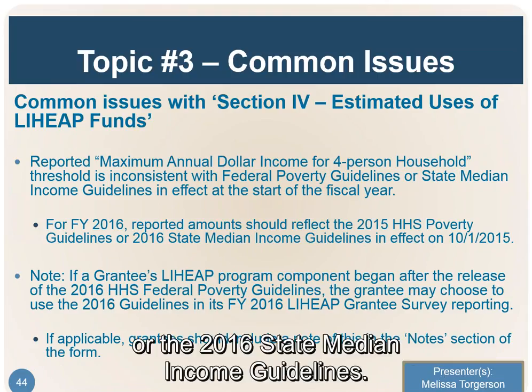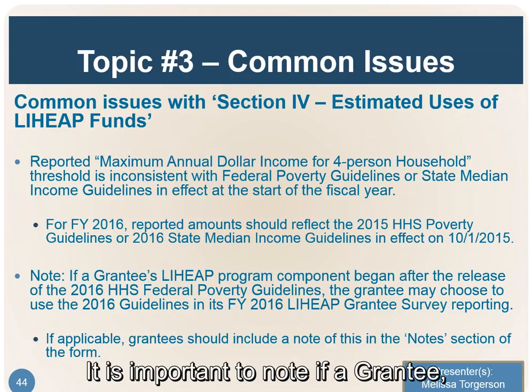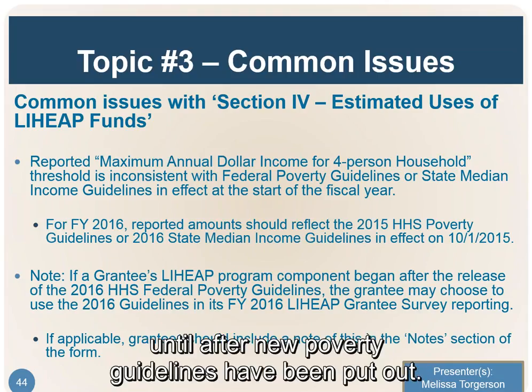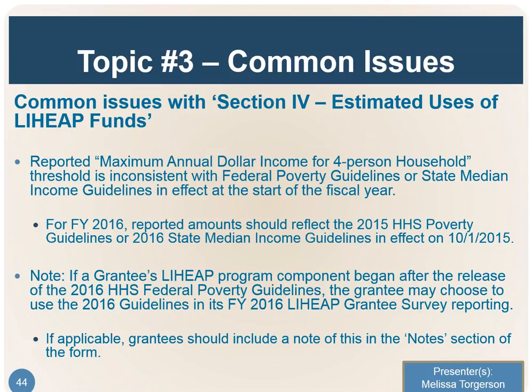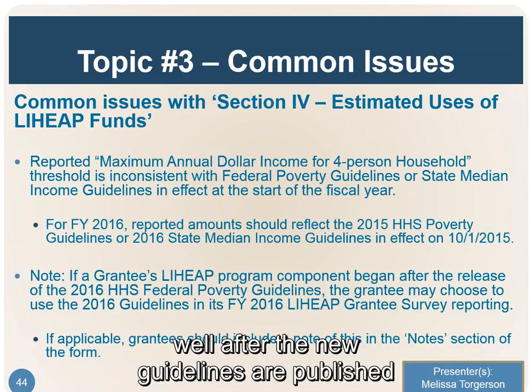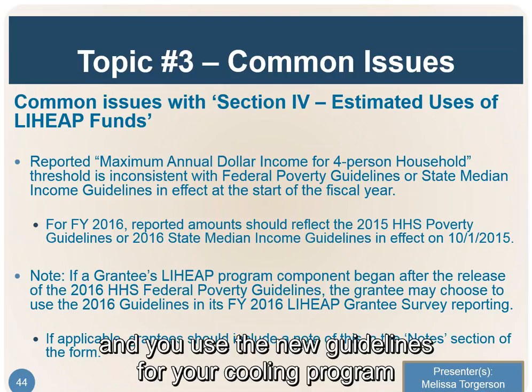state median income guidelines. It is important to note, if a grantee, some of you don't begin particular program components until after new poverty guidelines have been put out. So for example, some of you start cooling well after the new guidelines are published, and you use the new guidelines for your cooling program.